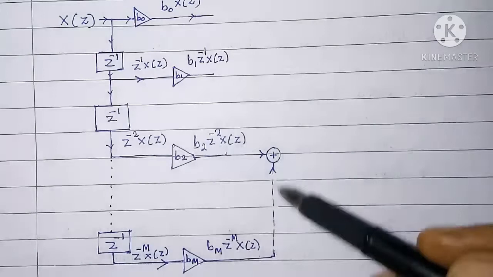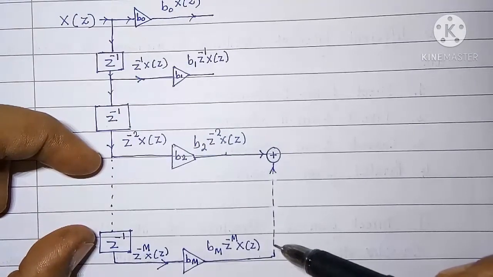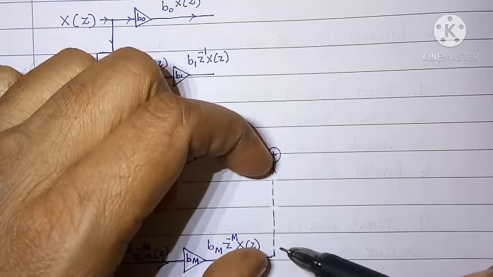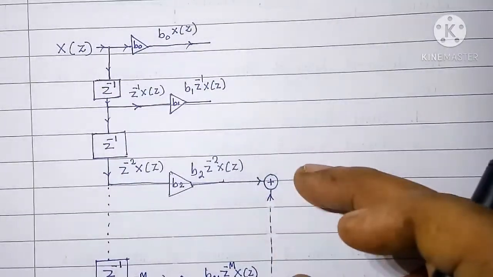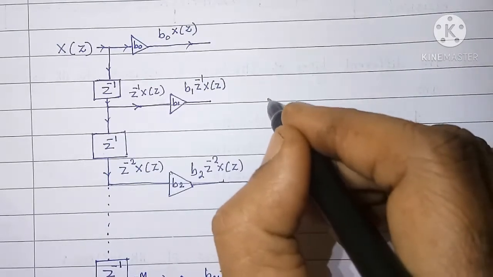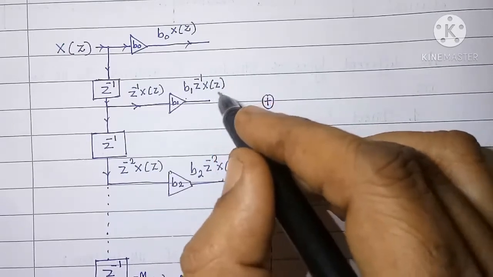Here I have shown dotted line because here we have skipped off some of the terms. So similarly here also we have to skip off some of the terms. Now this sum that I am going to get here, I will add with b1 z raised to minus 1 x of z.